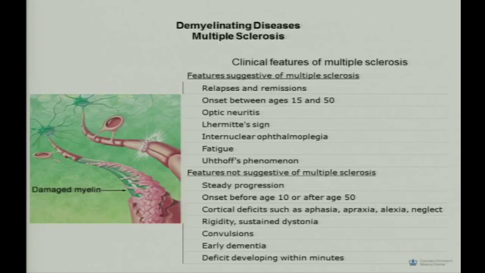And for most patients, with each relapse, they will lose a little bit more function. So they won't recover to where they were before the most recent relapse. And that's how the disease will progress. So that's the majority of patients. Not everybody, but often.